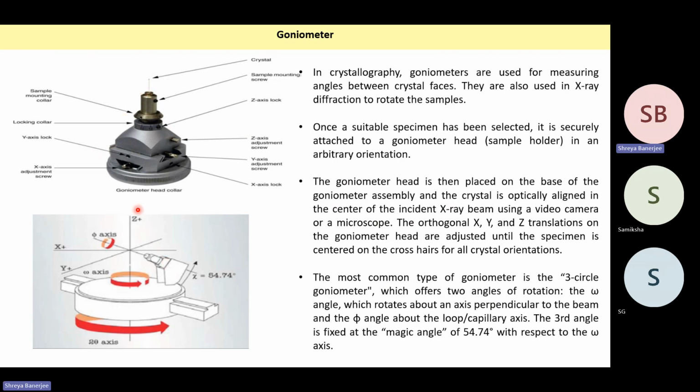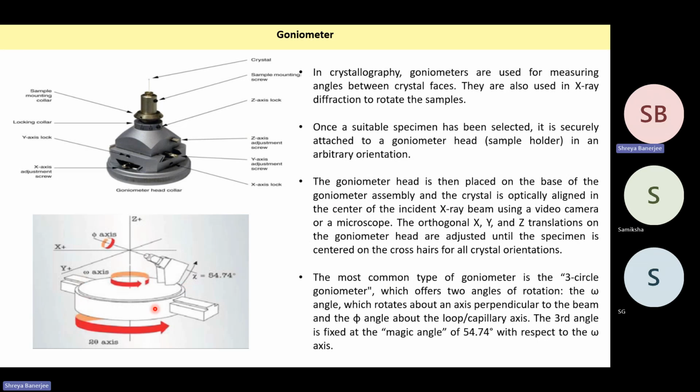Now this goniometer is oriented at a certain axis, the phi axis, and there is an angle. Instead of the normal XYZ axis, a new axis system is defined where the axis which passes through the goniometer is the phi axis, and the axis 90 degree to that is the omega axis.